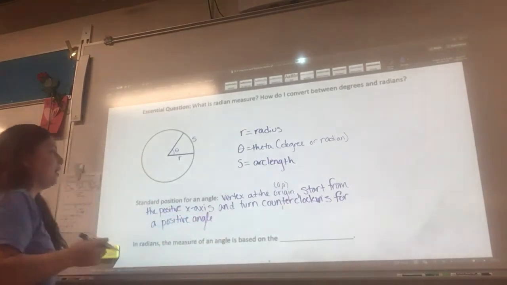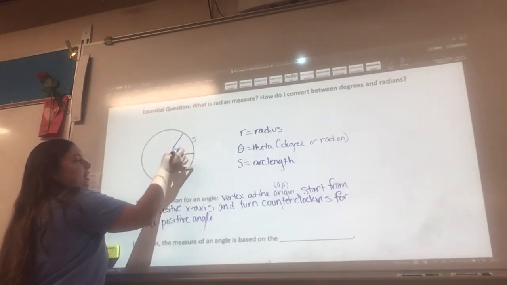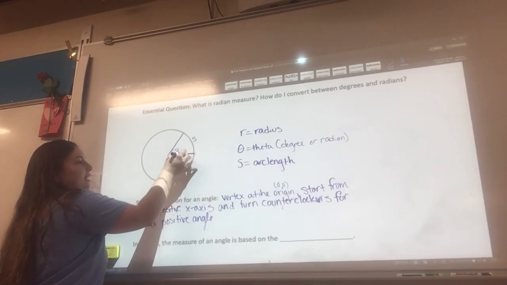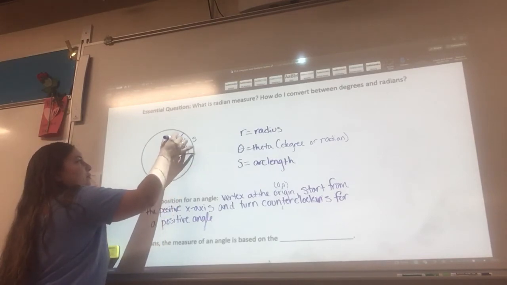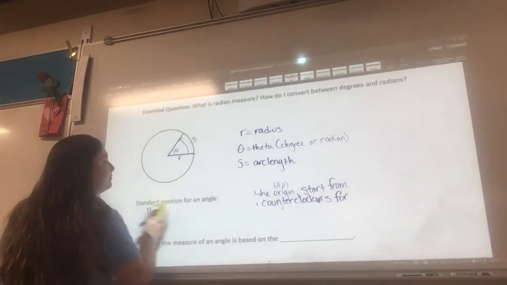So again, standard position is just saying we start here at the origin, and when we move counterclockwise, we will determine our angle and our radians. Okay?